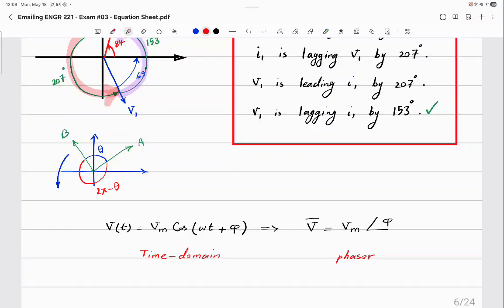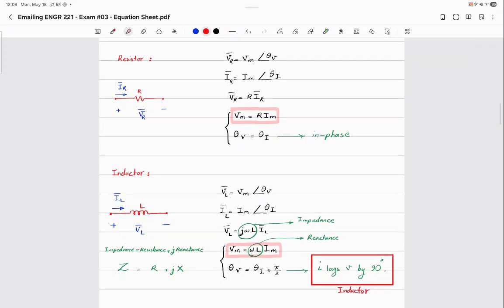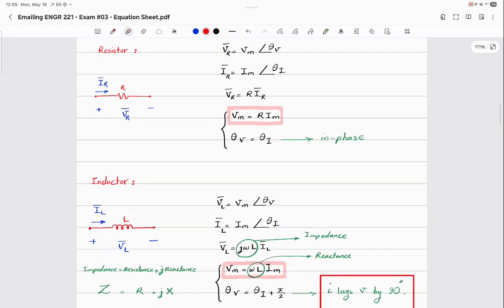Just the amplitude and then the phase. If it is positive cosine, that will give you your phasor. Now, about different components: for a resistor, we have in phase. What does it mean? It means that the voltage and current go together to 0, positive peak, 0, negative peak, and so on and so forth.